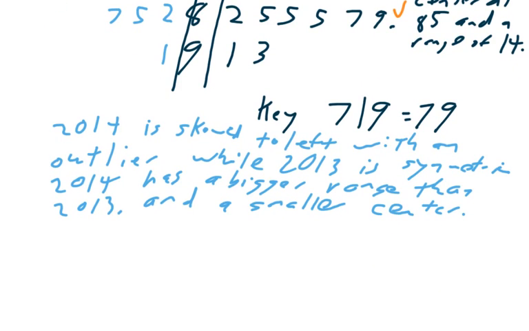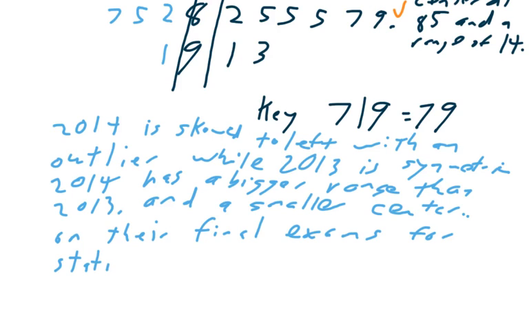Now, at this point, we wouldn't get a perfect score because we haven't done the situation. So I'm going to say on their final exams for statistics. So you want to make sure you get all of that information in here and you're comparing one to the other. You don't just want to say the center's here for one and the center's here for another.